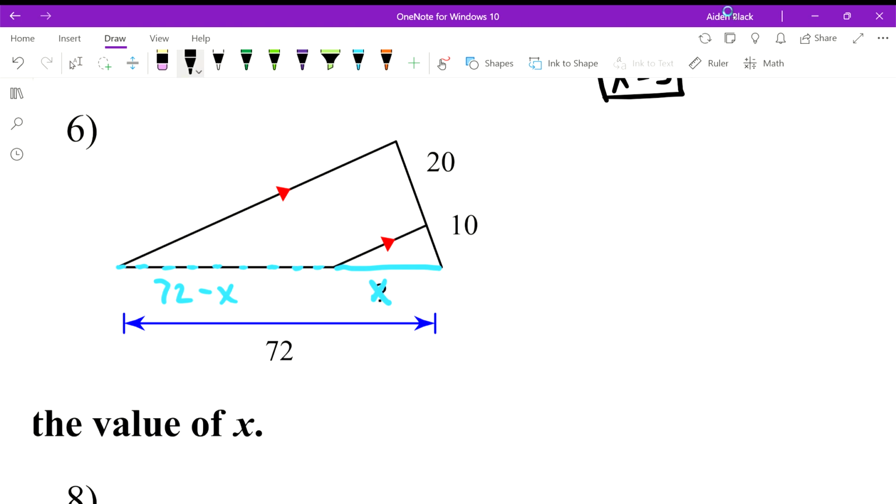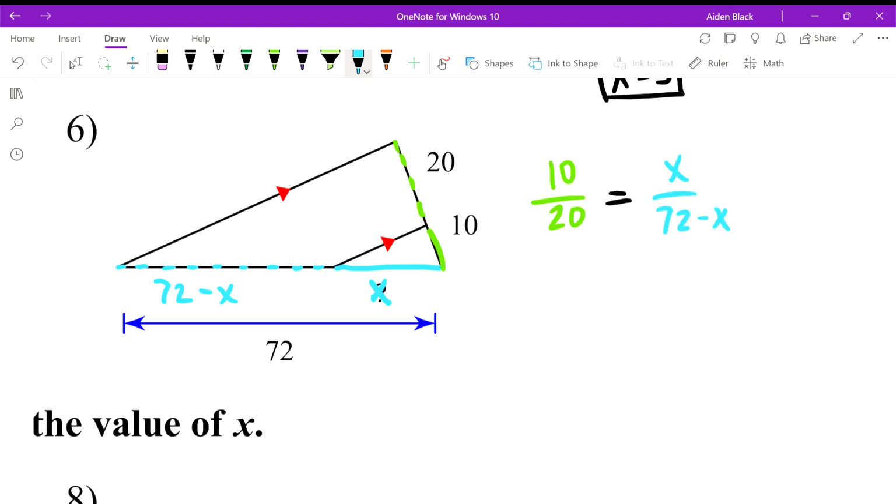So we would get 10 is to 20 as x is to 72 minus x.